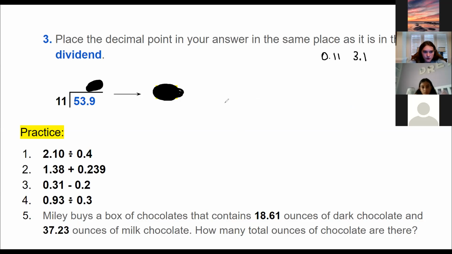Okay, so 2.1 divided by 0.4. If we move this once, we get 4 divided by 21 and put that up there. So 4 goes into 2 0 times, so 0. And 4 goes into 21 5 times.